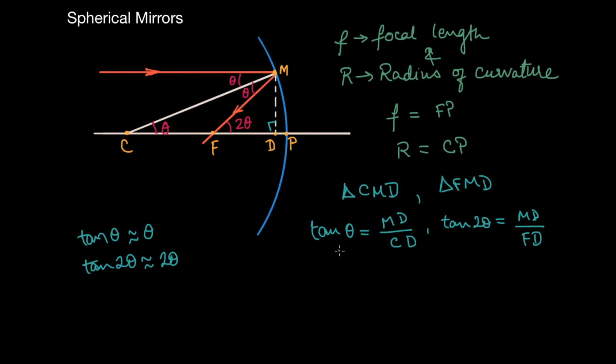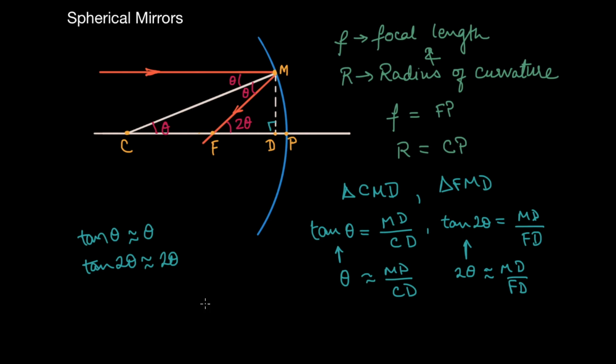So now if we substitute, if you write tan theta as theta, and tangent of 2 theta as 2 theta, 2 theta is MD over FD, and this thing here, theta, is equal to MD over CD. And I can substitute this value for theta, right here.